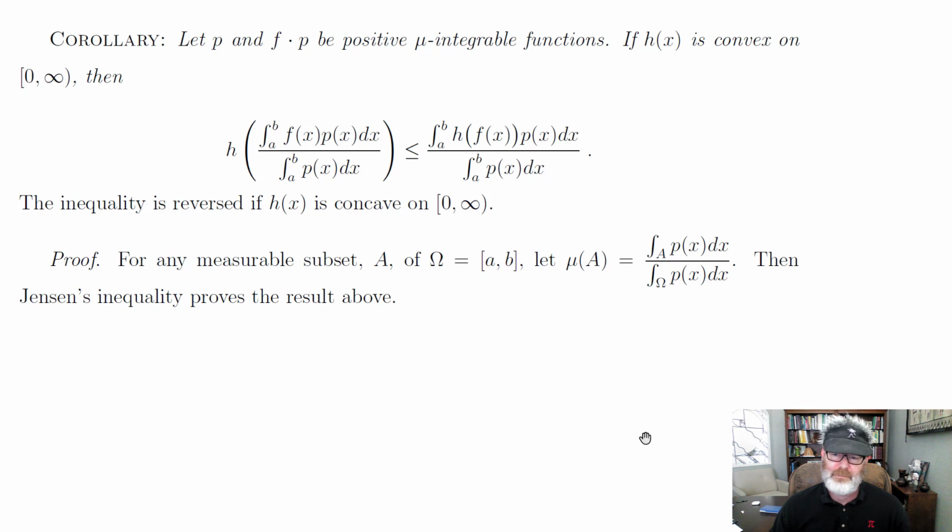So if you have one measure, like Lebesgue measure, then you have other measures just by integrating a positive function, which gives another measure, and then this normalizes it. So if I do the measure of the whole space, AB, it'll be 1. And then in the other subset, it'll be some fraction.